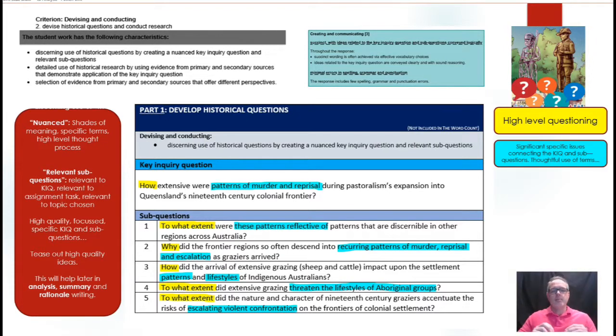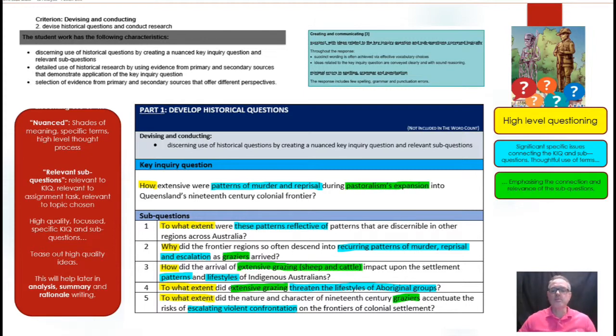Now, the next part that I want you to pick up in these inquiry questions is that I'm trying to use specific issues. I'm trying to connect to specific concepts in my key inquiry question and my sub-questions. I want significant ideas coming through, and I'm trying to echo those all through the key inquiry question and the sub-questions that support it, trying to make thoughtful use of terms.